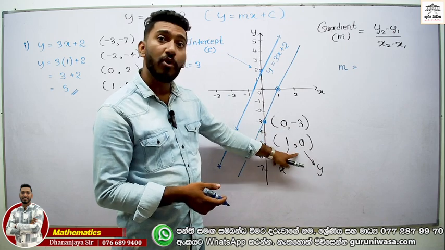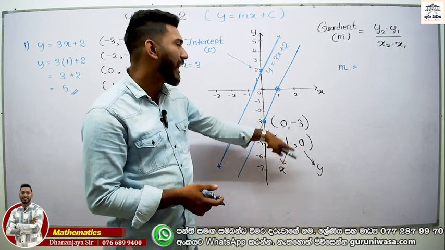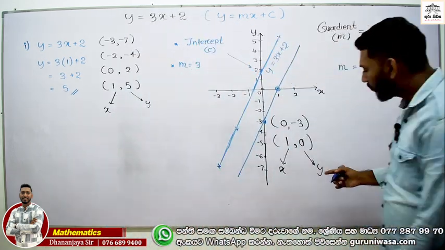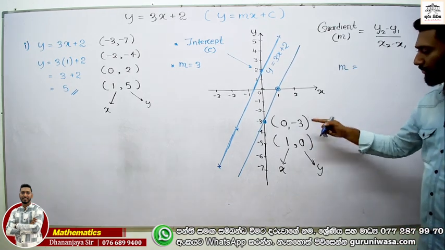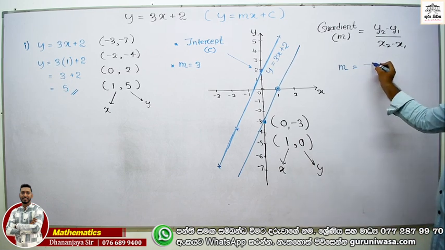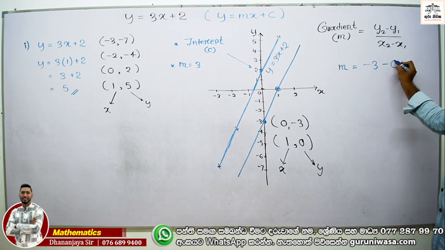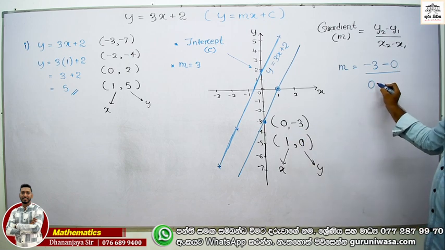The difference between the two y coordinates: one is 0 and the other is minus 3. You can choose 0 minus 3 or minus 3 minus 0, whichever you like. Minus 3 minus 0, divided by 0 minus 1.